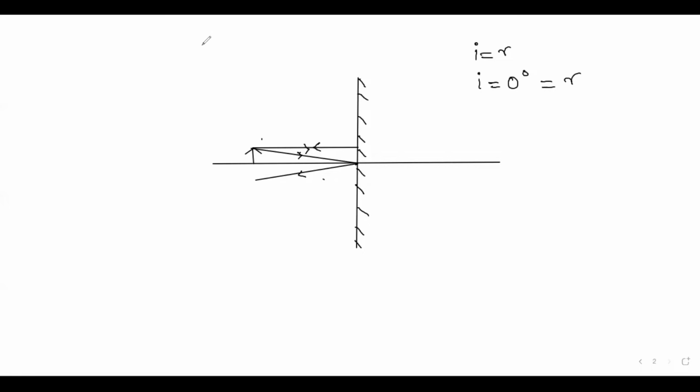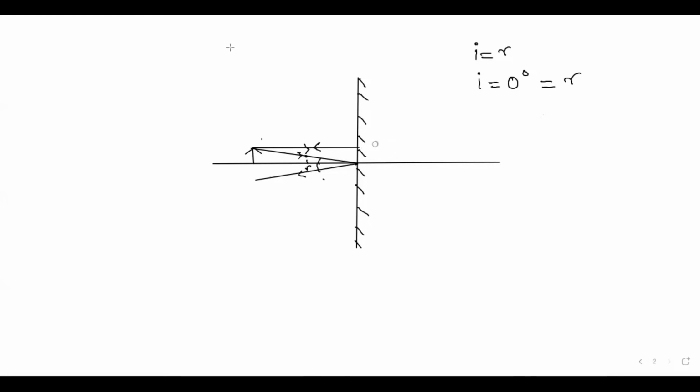The principal axis meets the mirror at the pole of the mirror. So this one can be called the pole. Now we can say that the principal axis will work as a normal. So we can find the angles easily here. So I, R. And here I will be equal to R.